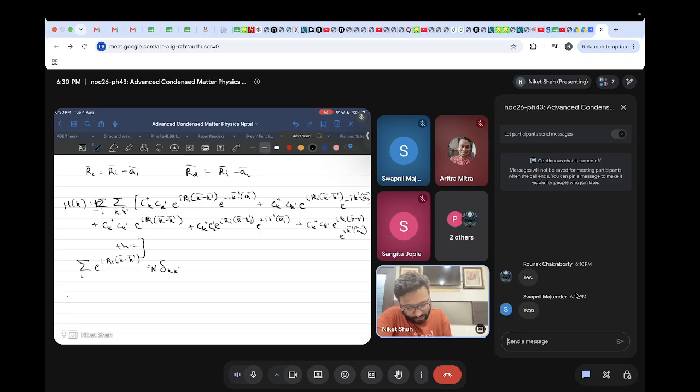Therefore, actually there is a t by n also, because when I took a Fourier transform there is a t by n, so both these n's get cancelled, and what I end up getting is k, because delta k prime will remove k prime as well. So I end up getting k, c k dagger, c k.